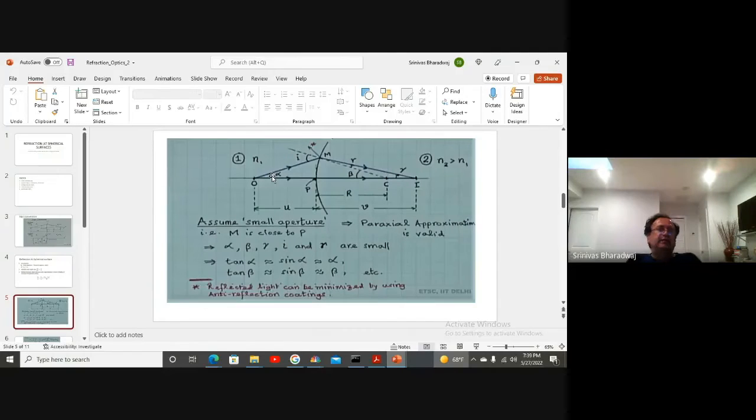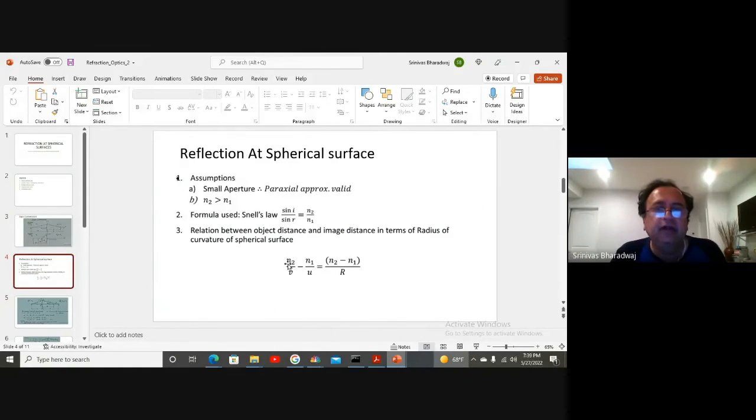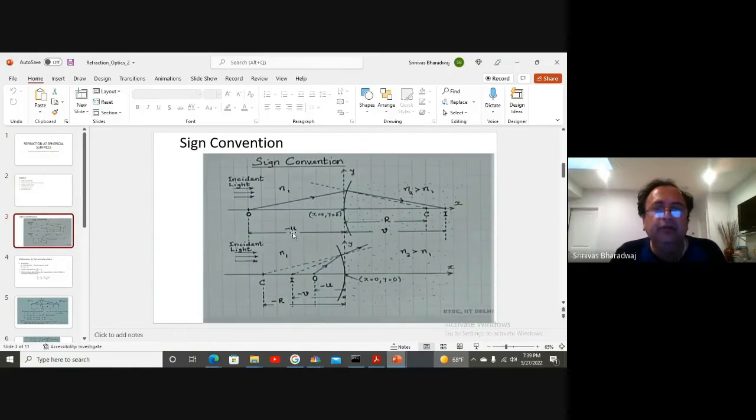That's called the paraxial approximation. So you must remember this formula: n2 by v minus n1 by u equals n2 minus n1 by R. v is the distance of the image from the lens. u is the distance of the object from the lens. And n2 is this side, n1 is this side.